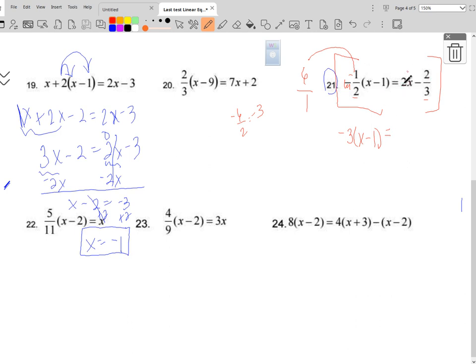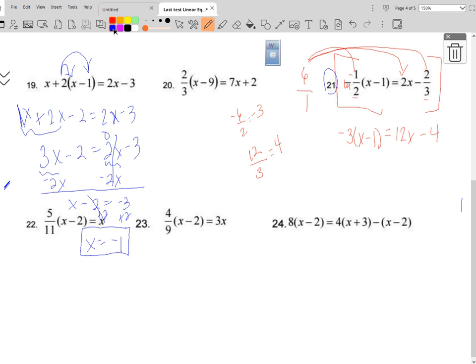Now, over here, nothing is in parentheses, so both of those have to get multiplied. So 6 times 2x is 12x, minus 6 times 2, which would be 12, and 1 times 3 on the bottom, and that's going to simplify to 4.